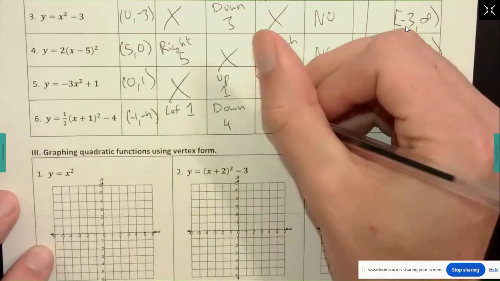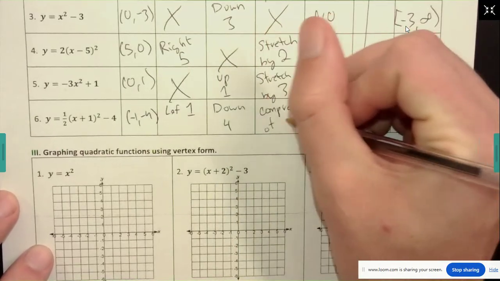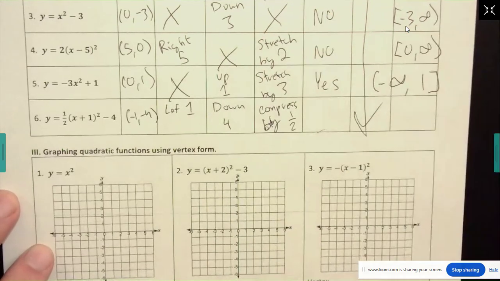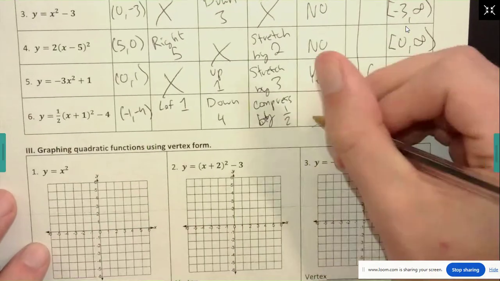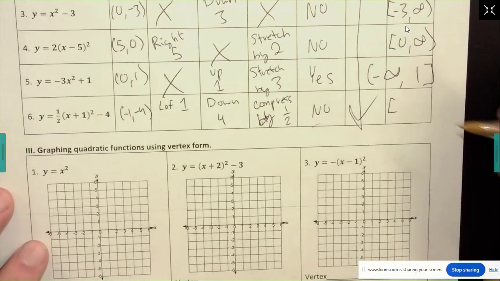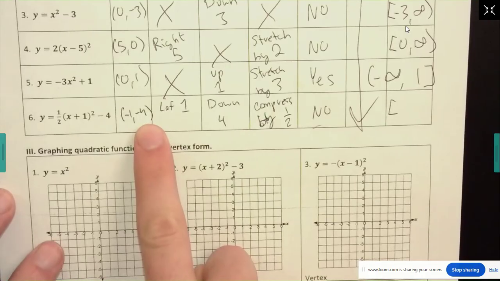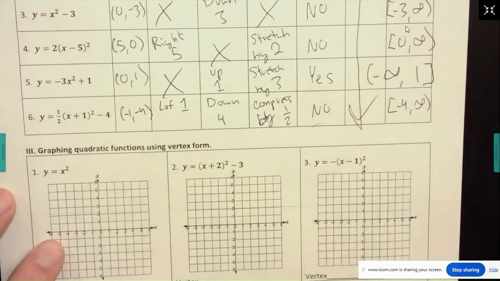So I have a compression, compressed by 1/2. Okay. Reflection, I don't see a negative, so no. And since I don't flip it, I have a low value of, well, that vertex has a y value of -4. So I'll start there and I go to infinity.